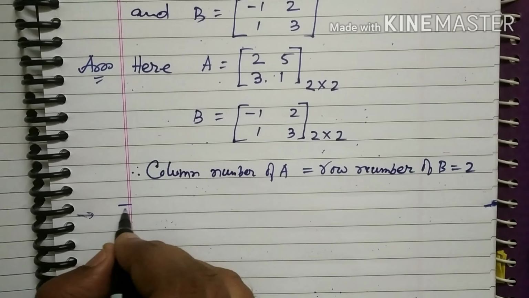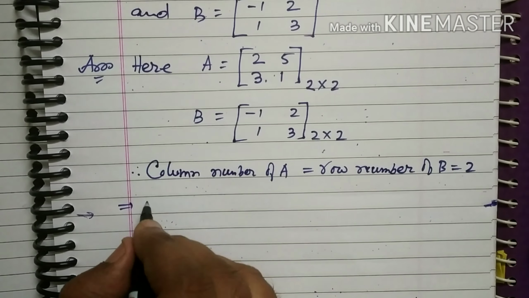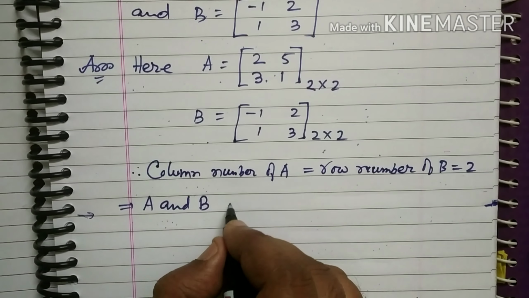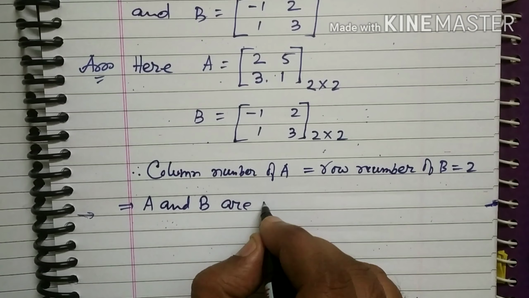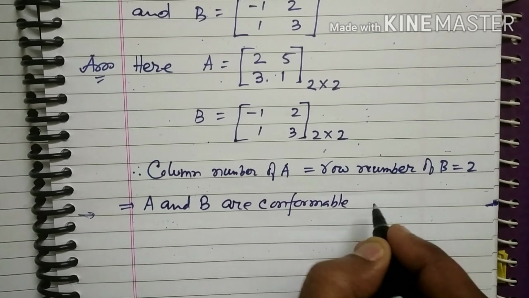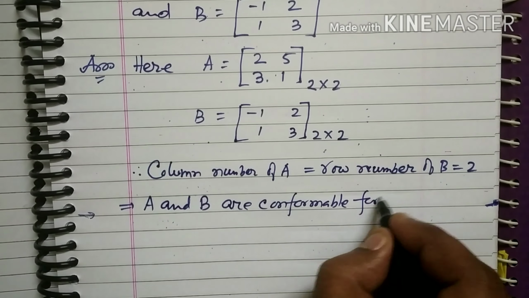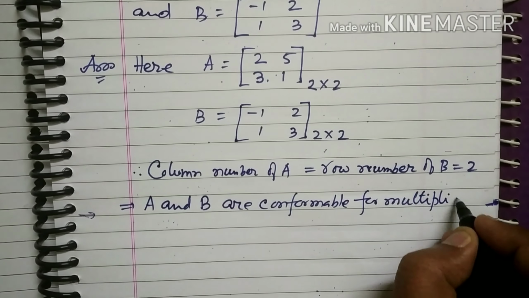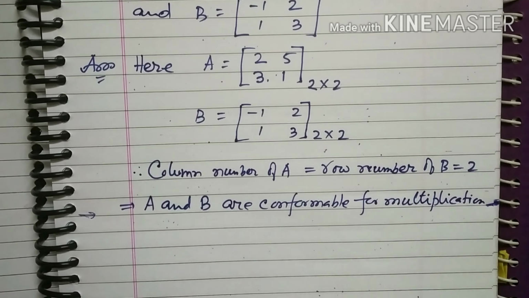It means A matrix and B matrix are conformable for multiplication.